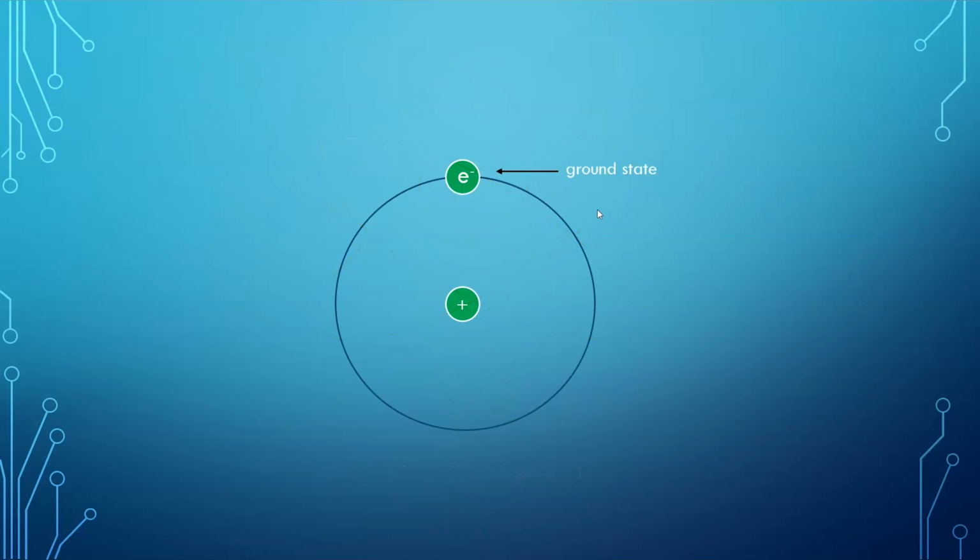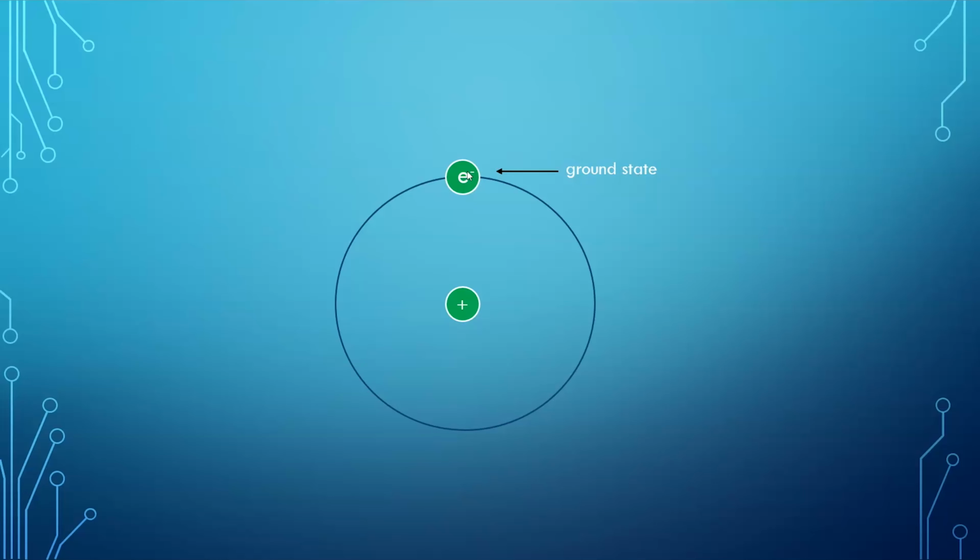In order to study the atom, we're going to put energy into the atom and cause some changes to happen to those electrons. In a normal situation, the electrons are as close to the nucleus as they can get because opposite charges attract each other. This is referred to as the ground state of the atom. It's sort of like if you drop a ball, it falls to the ground.